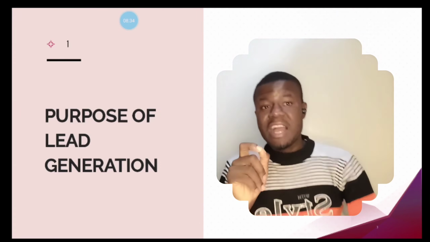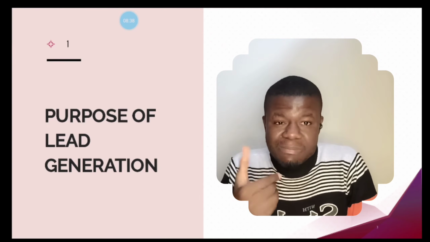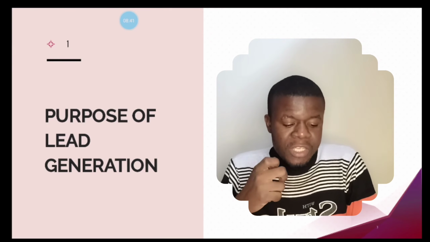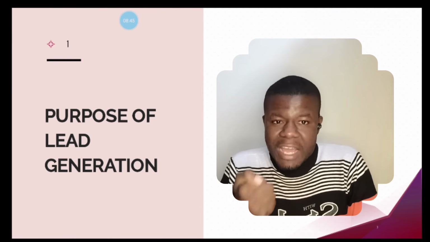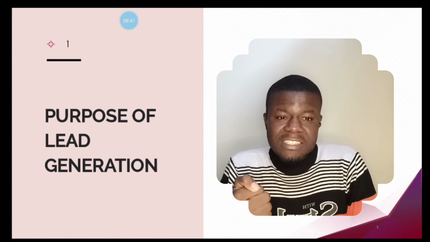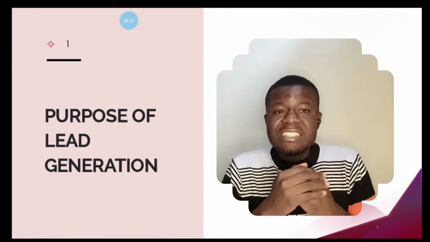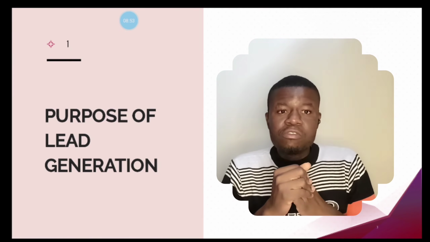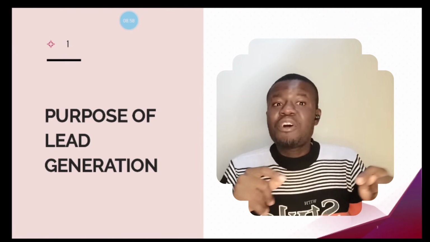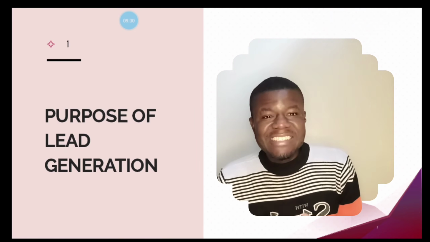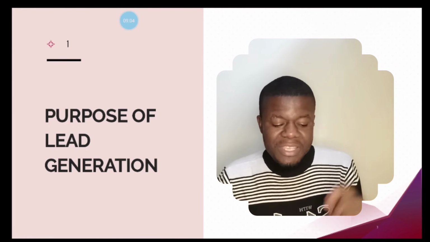That's another purpose of lead generation, which I believe is one of the things you expect to learn from this video. So you have an offer, then you want to generate leads for that offer, because leads are the blood of online business. Without leads, there cannot be any sales.